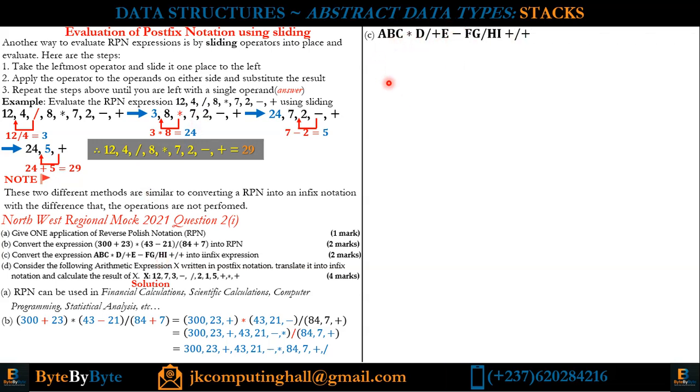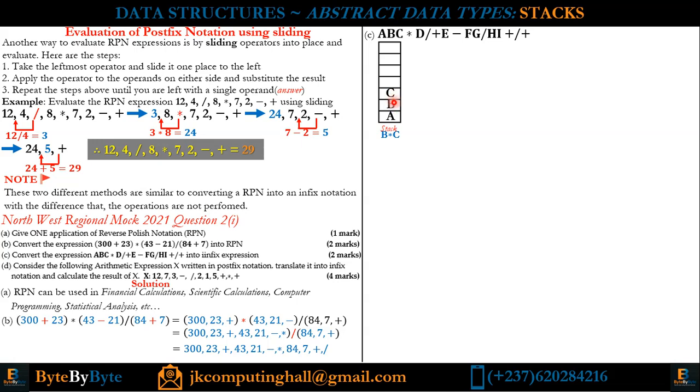Remember that when I have an operand, I push in the stack. If I have an operator, I pop 2 values, I evaluate, and I push back the result. So in my stack, I have my A, I push B, I push C because I have 3 operands. Now that I have an operator, what are the values I'm going to pop, dear students? Perfect. B and C.